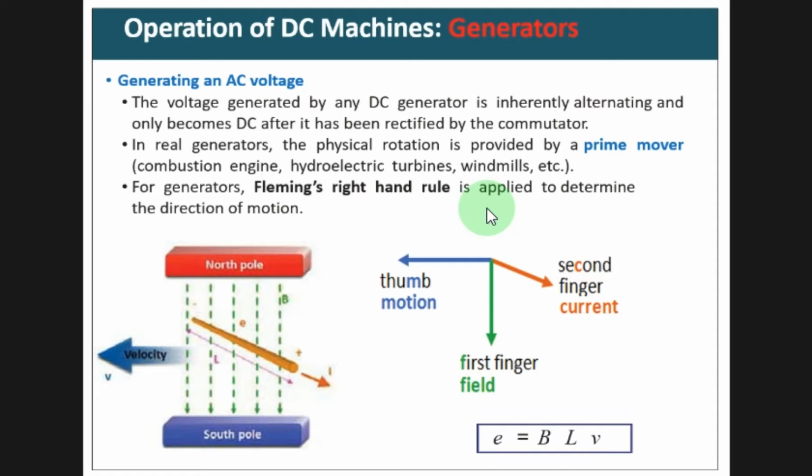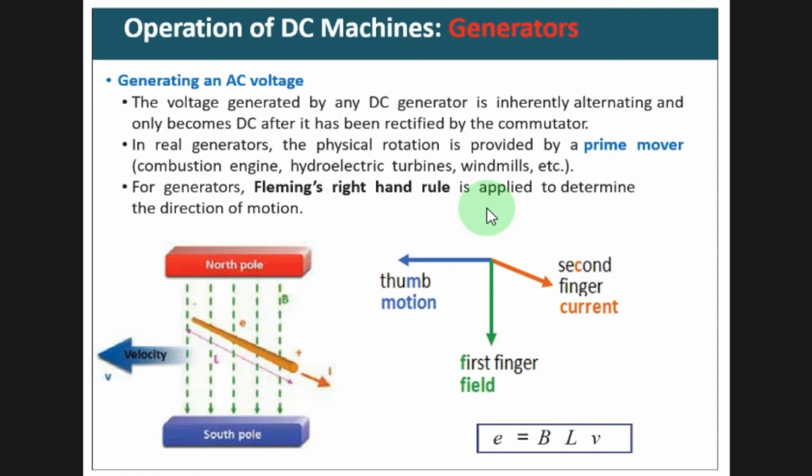Maybe the force is taken by a combustion engine or hydroelectric turbines or windmills, etc. Then when it is rotating in a magnetic field, it will generate some EMF.